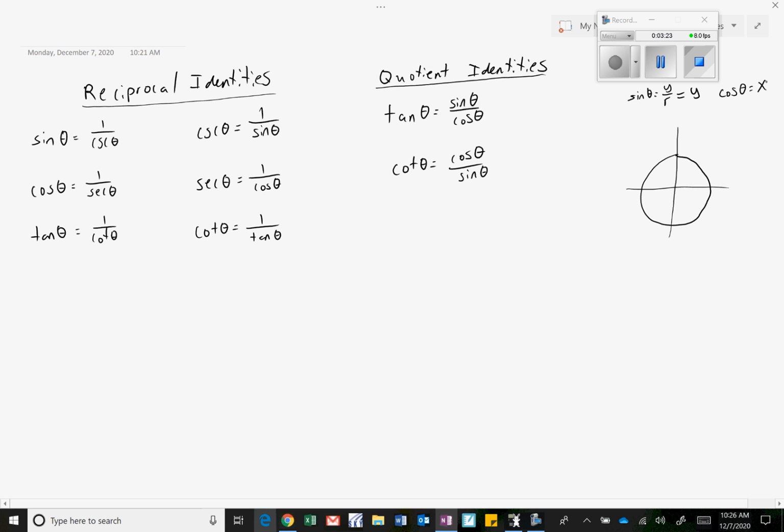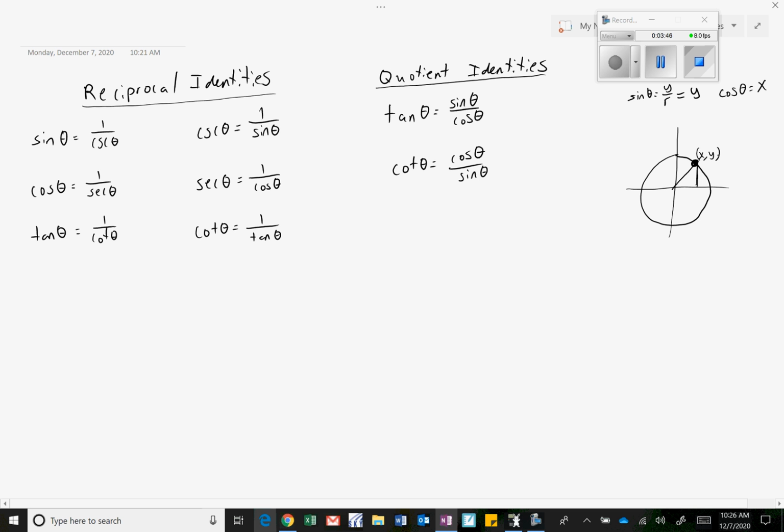Okay, and so what I can do on my unit circle here is let's pick a random point right here, and we'll draw this triangle. Okay. So here is my unit circle with my point on the arc over here, and this is the point x comma y.